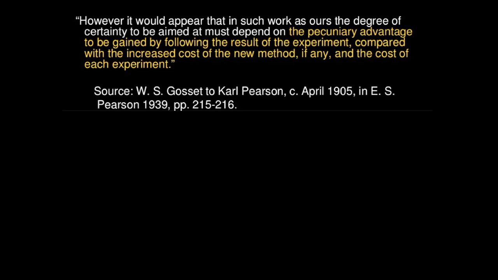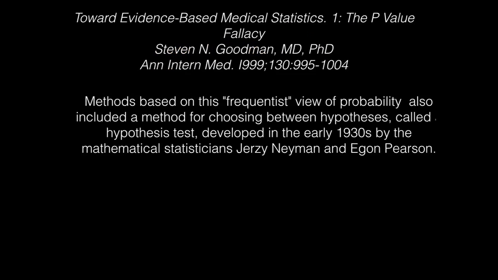Now, here's where it really gets tough, and maybe this is why statistics are so hard to understand. Methods based on this frequentist view of probability also then, in the 30s and 40s, included a method for choosing between hypotheses called the hypothesis test, introduced by Neyman and Pearson in the 30s.